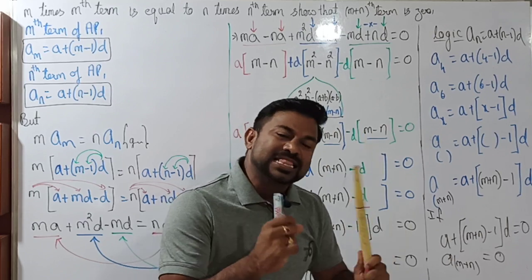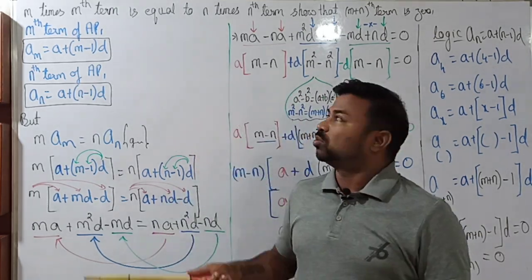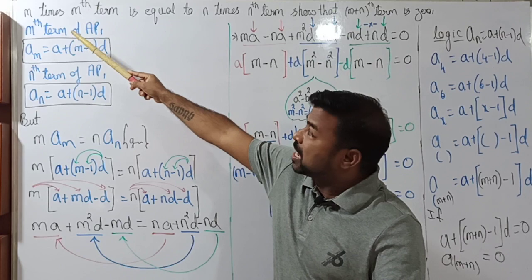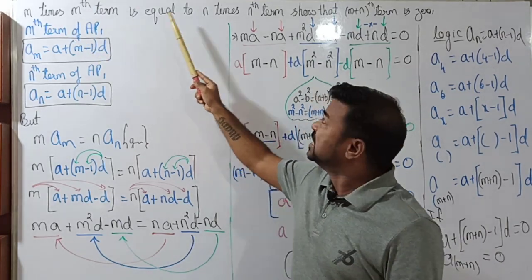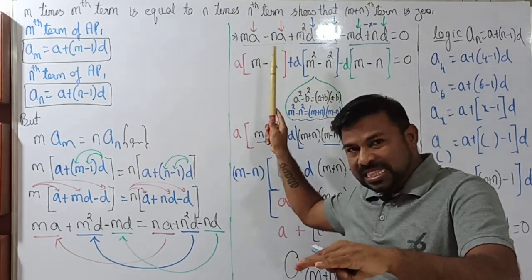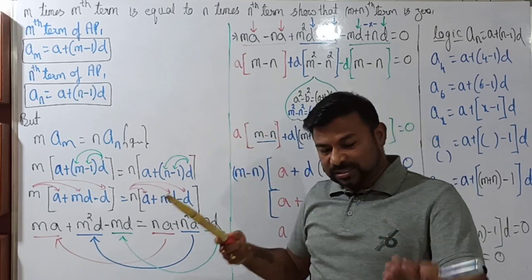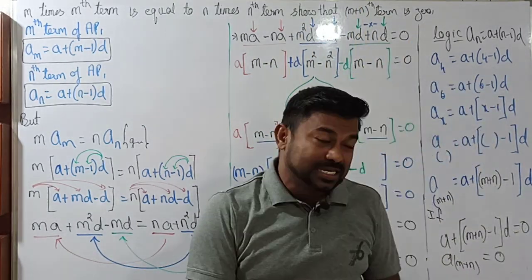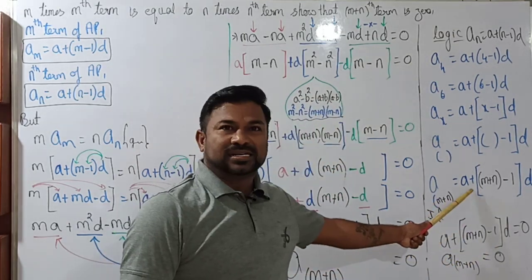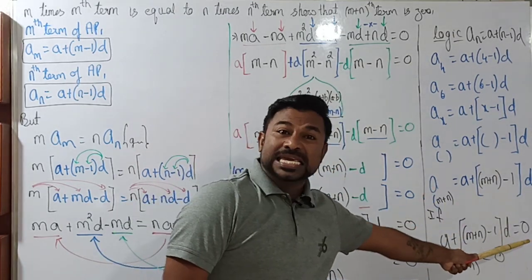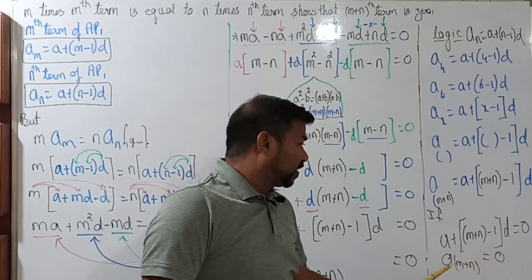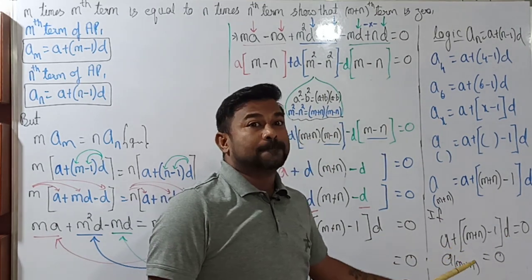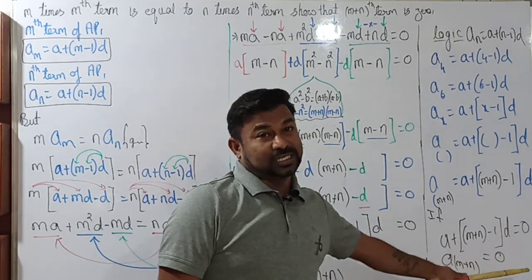Now, coming back to the question, m times the mth term is equal to n times the nth term, and we are supposed to prove that the (m plus n)th term is 0. Then we can write a of (m plus n) is equal to 0.